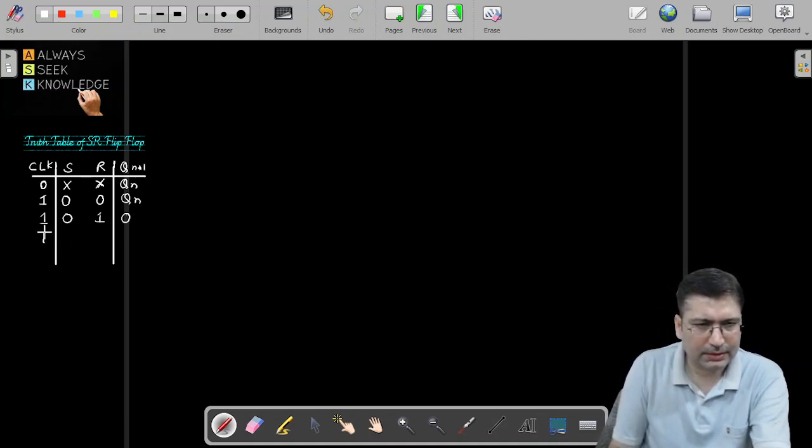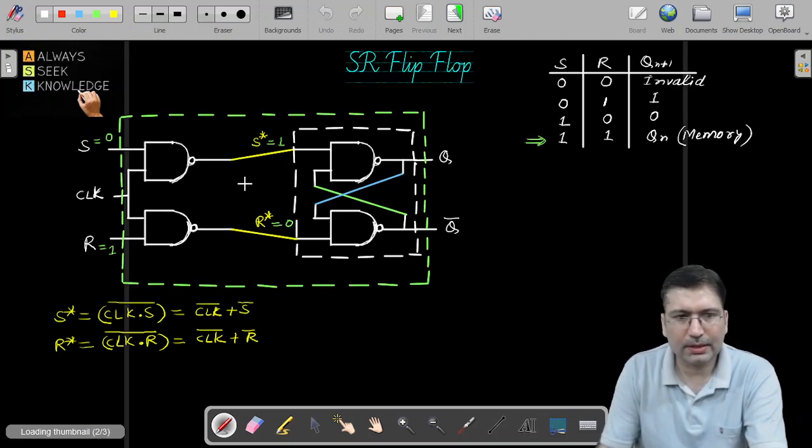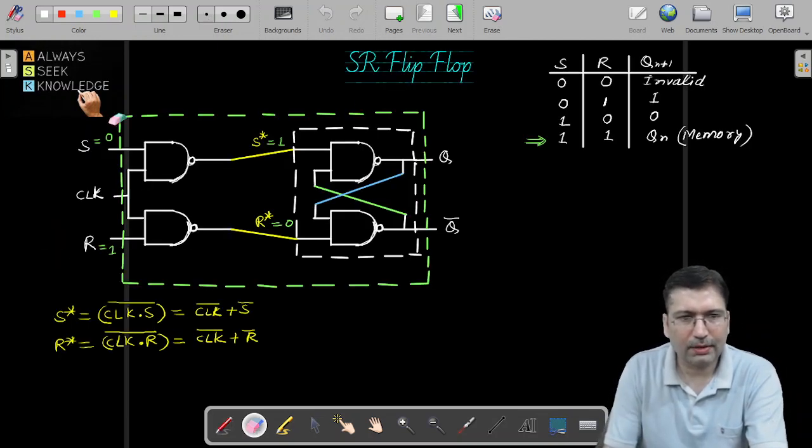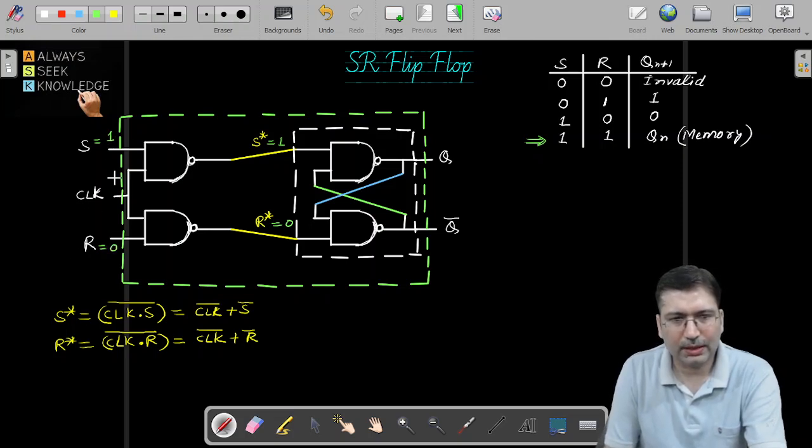Now the next case, in case we send the value of S as 1 and R as 0. Let's look at the circuit. If we have S as 1 and R as 0, then when this is 1 and the clock is high, so this is also 1, we will get 0 here.